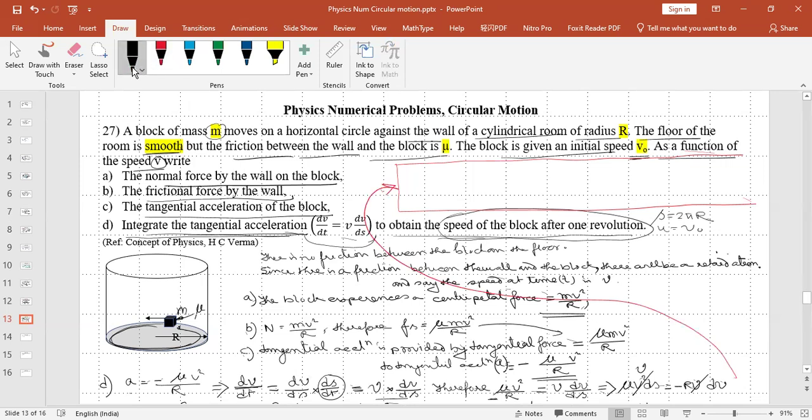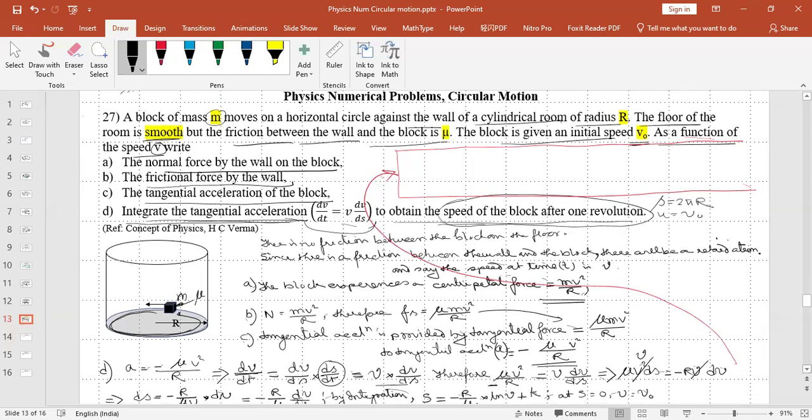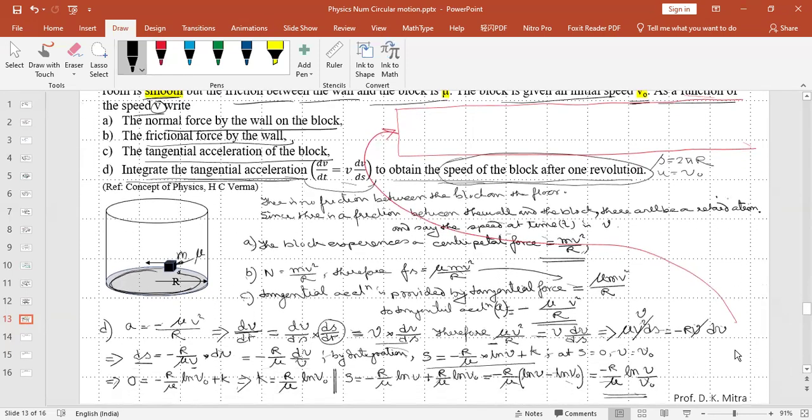When I go to this space, I find natural log of v by v0 has gone a little bit downward. Our last equation was s equal to this. So let me rewrite this again.